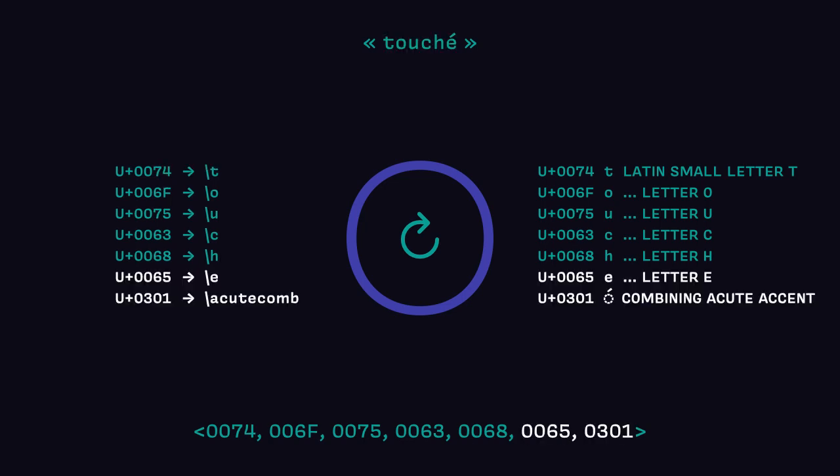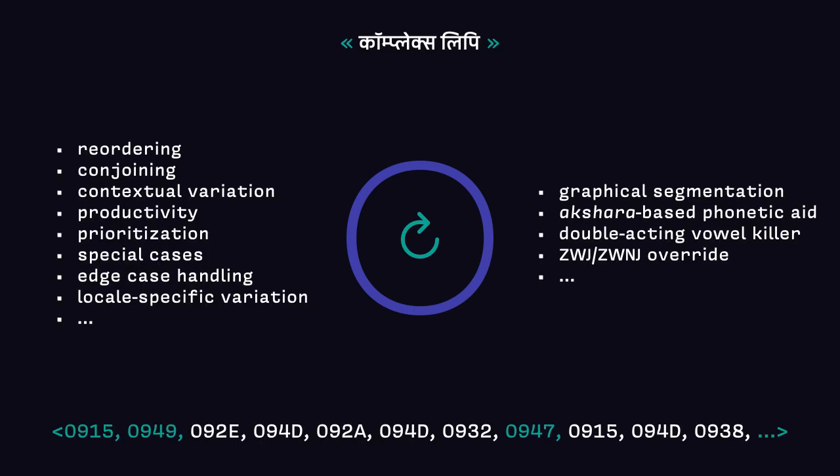Of course, even simple scripts like Latin are not always that straightforward. Many of you already know the canonical equivalence problem, and the decomposition, composition, and mark positioning. But that's nothing compared to what complex scripts have to deal with.